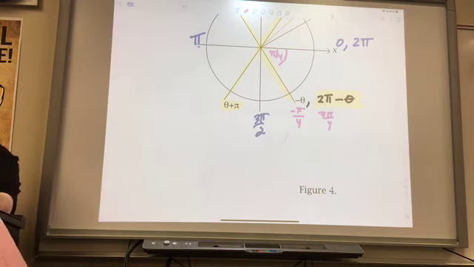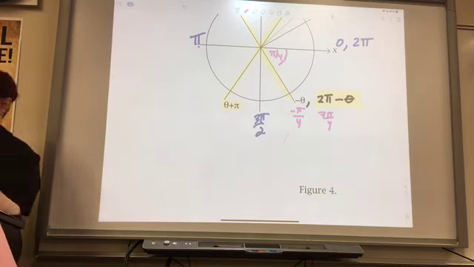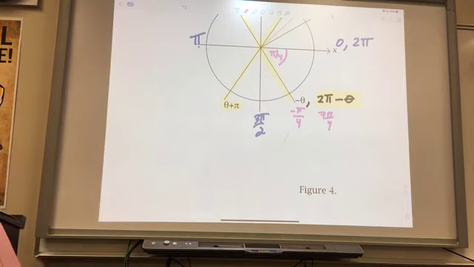Those are the exact same angle. 7 pi over 4 and negative pi over 4 are the exact same thing. But if you're working with a problem like, what's the arctan of -1? That would be your answer. But if I'm trying to solve a trig equation, and it says, where does tangent equal -1 on the interval 0 to 2 pi? That would be your answer.